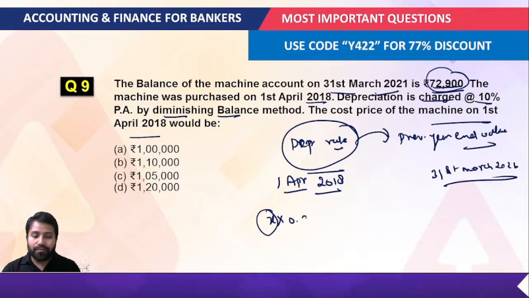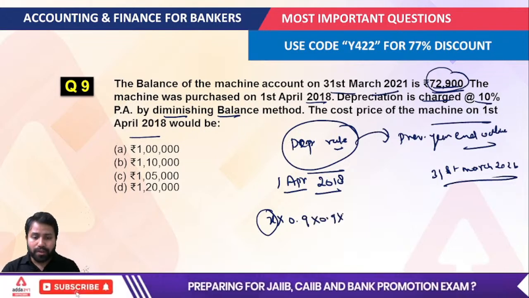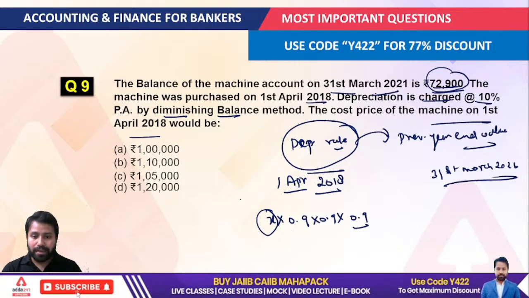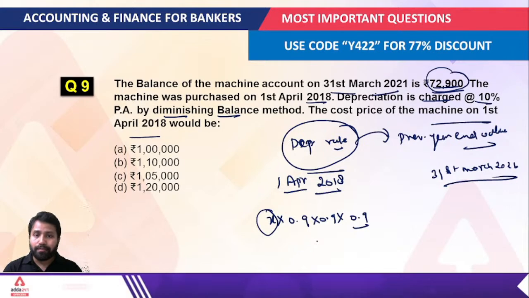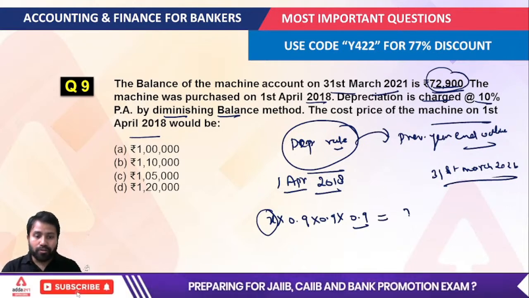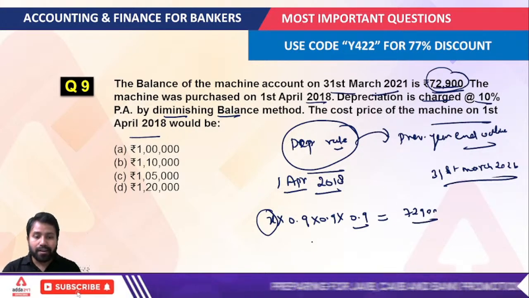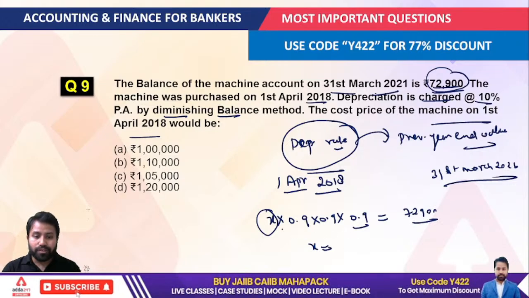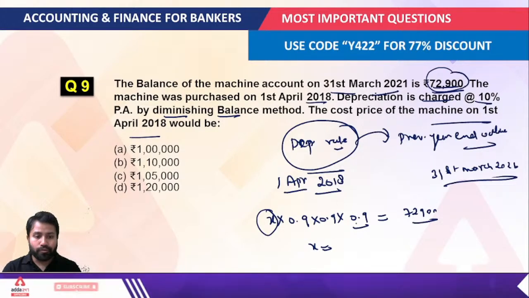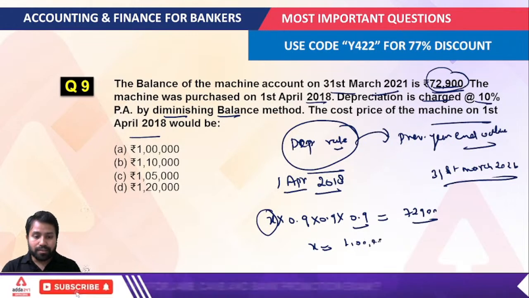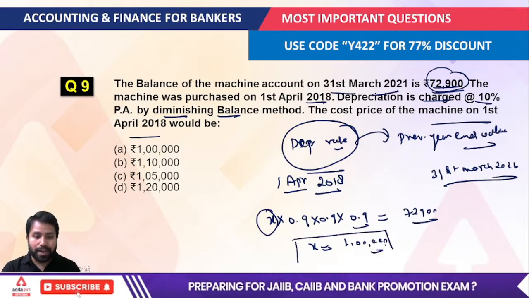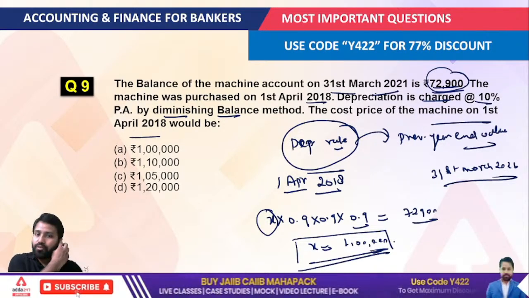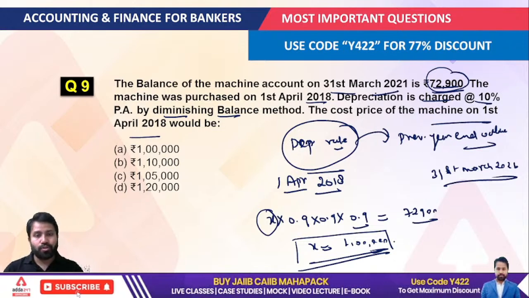We can find it with a very easy method. Suppose the cost price of the machine is x, multiplied by 0.9, 0.9, 0.9, and that is equal to 72,900. Then this would become 729, which means your answer is 1 lakh rupees. This is how you have to solve the questions in the examination also.